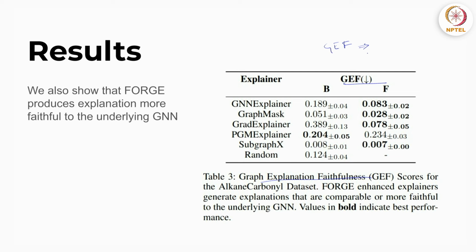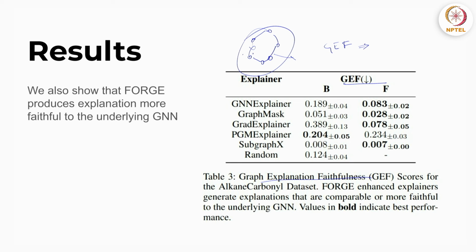So say I have a GNN output on this graph, right? And my explanation says, okay, this edge is not important at all, so you can remove this. Now if I take the GNN output on this graph with the removed edge, how close is the confidence of the GNN with this removed?